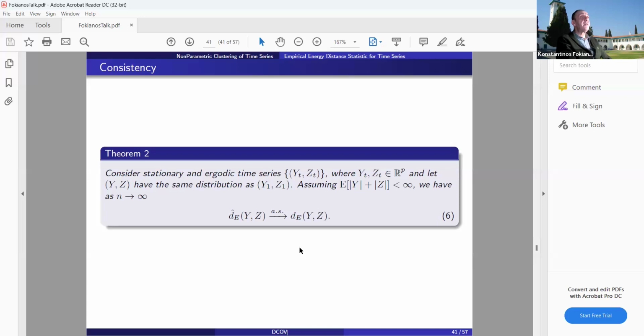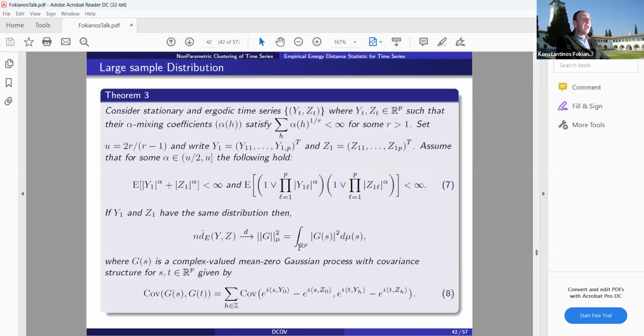So let's see what kind of estimator this is. If it is stationary and ergodic, and we have first moments, then we have a consistent estimator. In addition, if you have some mixing properties, then this converges to a Gaussian process, and it's like a chi-square again here.